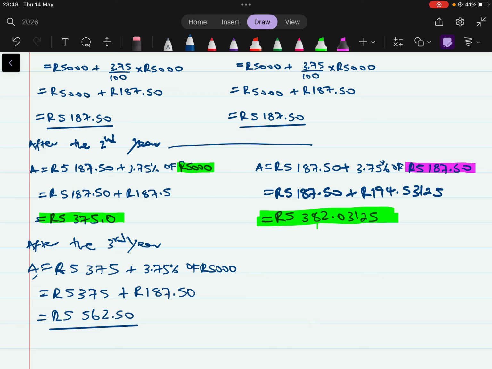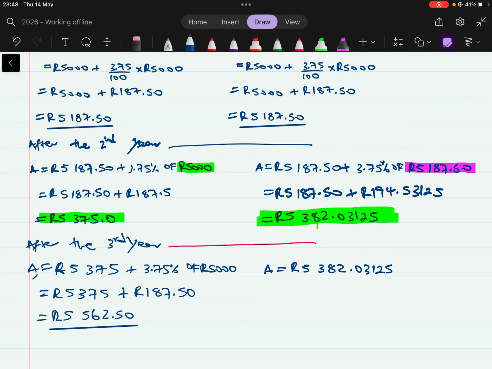And with compound interest, if we were to try to do the same thing, how will it be? What will be the accumulated amount? The accumulated amount is going to be what you're starting with. In this particular case, it is going to be 5,382 rand 03125.